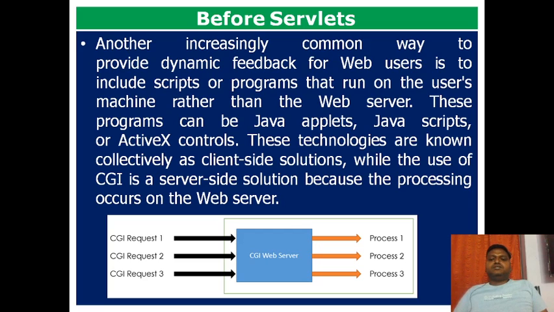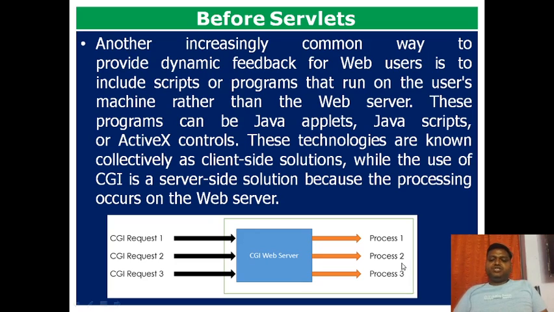One of the major disadvantages is, with every request of the client, it will initiate a heavyweight operating system process. If you make 3 requests, there will be 3 processes. These are all heavyweight processes.